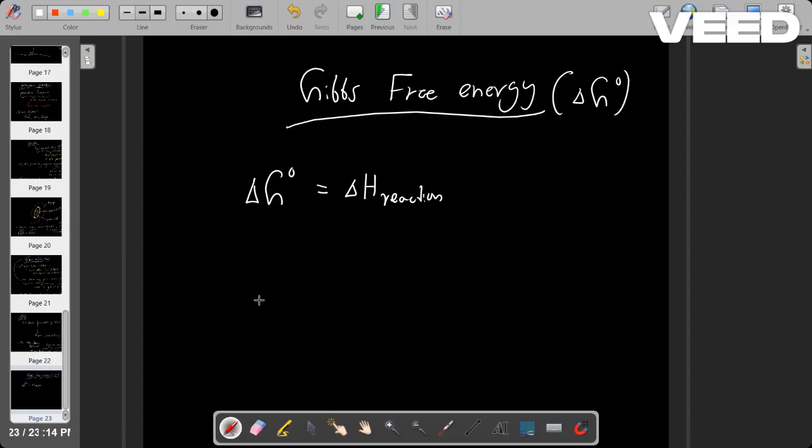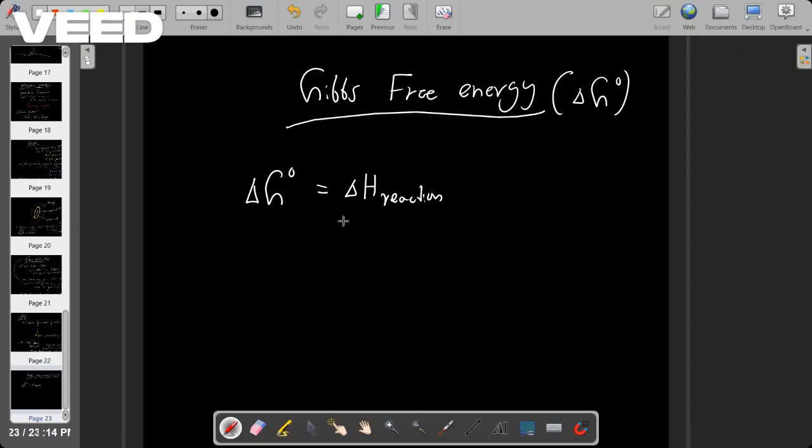You are given reactants and the products. Based on the reactants and products, we can calculate delta H. Minus the temperature at which the reaction has happened, times the amount of change of entropy in the system, delta S system.